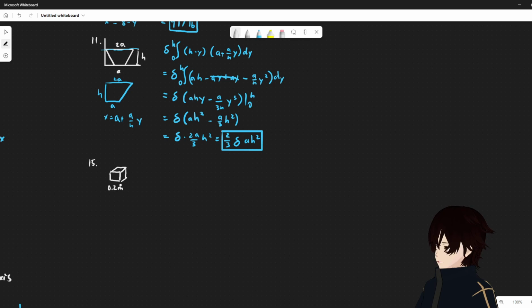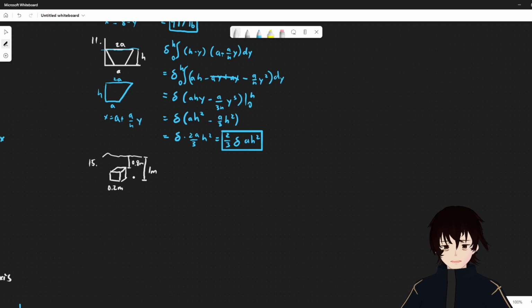It's sitting on the bottom of a 1 meter aquarium. So there's a 0.8 meter above the top of this cube. And there's two parts. A is find hydrostatic force on top of cube.